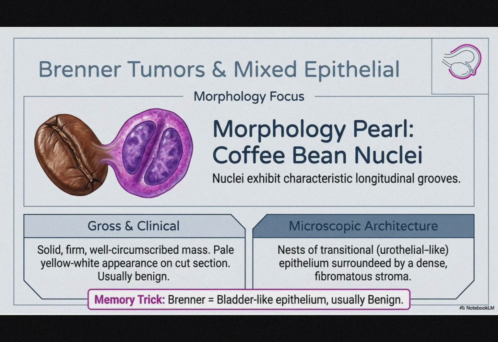Microscopic architecture: nests of transitional, that is urothelial-like, epithelium surrounded by a dense fibromatous stroma. We have a memory trick to remember this: Brenner, that is the bladder-like epithelium, which is usually a benign one. So Brenner tumors and mixed epithelial tumors are basically benign tumors, and microscopically these exhibit coffee bean nuclei, as you can clearly see in the illustration.